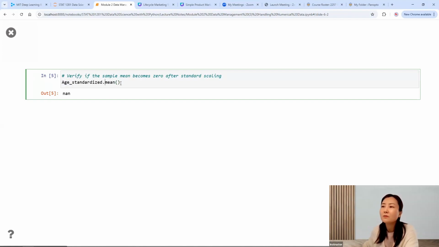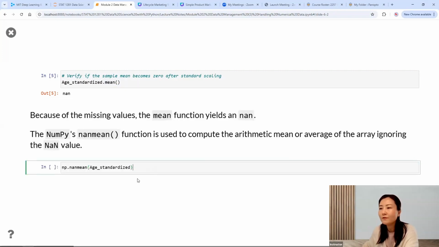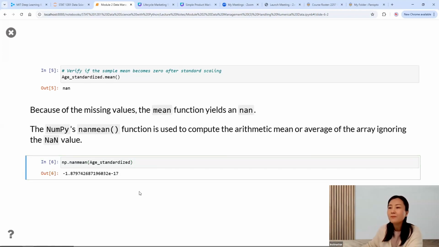The mean function will not ignore missing values automatically. To fix that, we can use this function instead, nanmean. It will automatically ignore missing values and calculate the mean of all non-missing values.